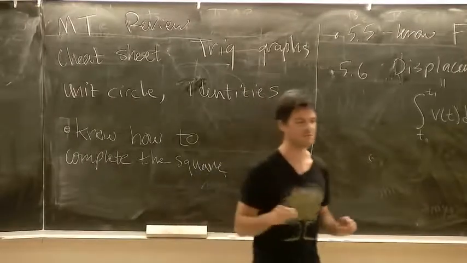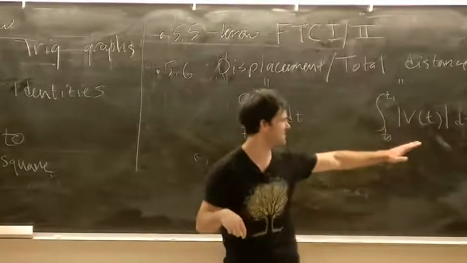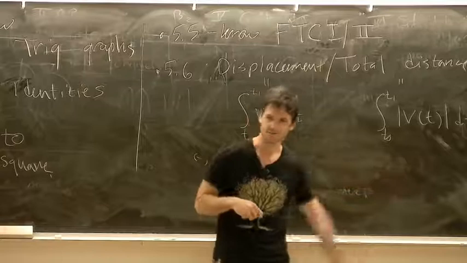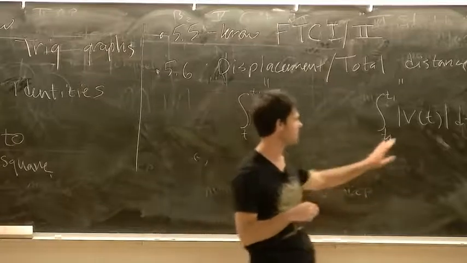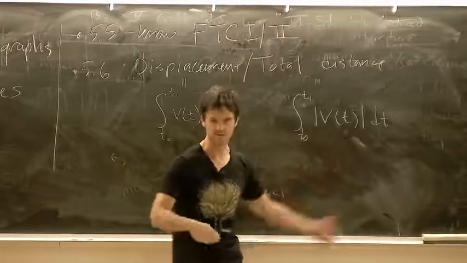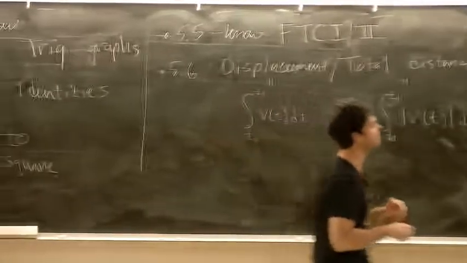Maybe the trickier part is knowing how to take the integral of the absolute value of a function. Those can be tricky because you might have to break them up into the regions where the function is positive versus the regions where it's negative.